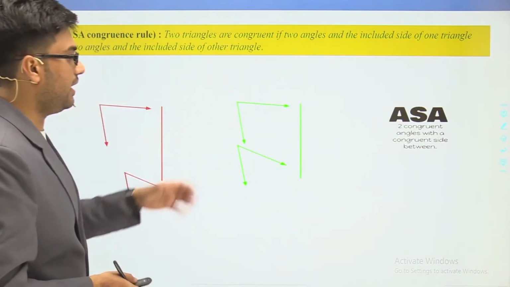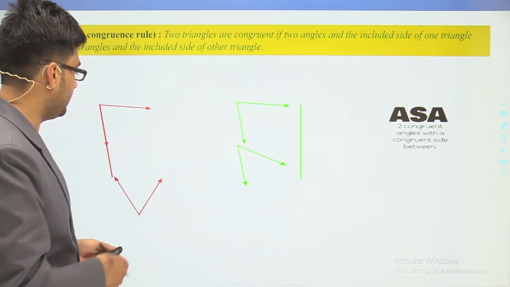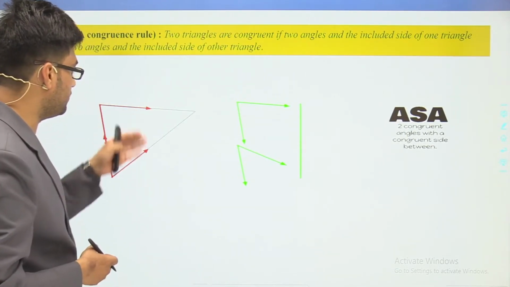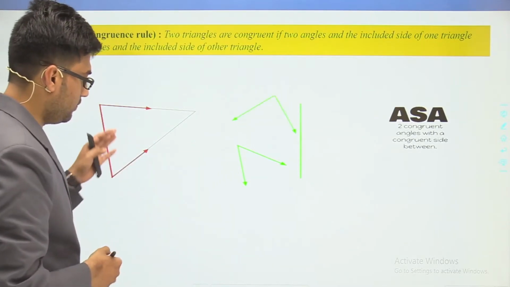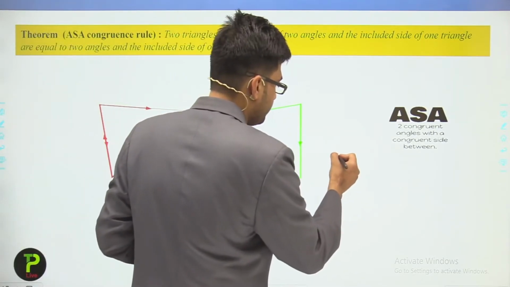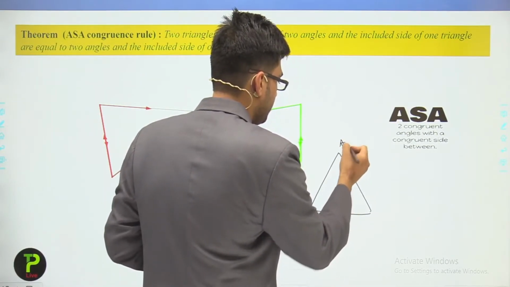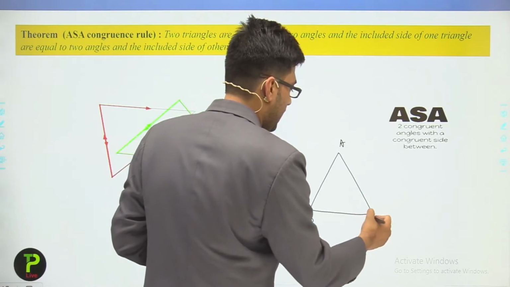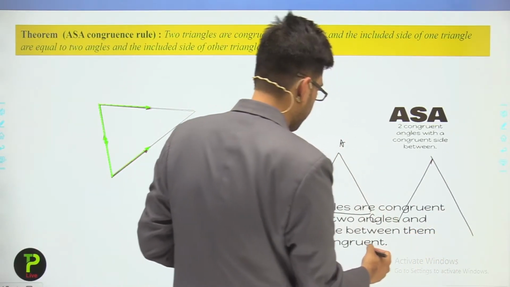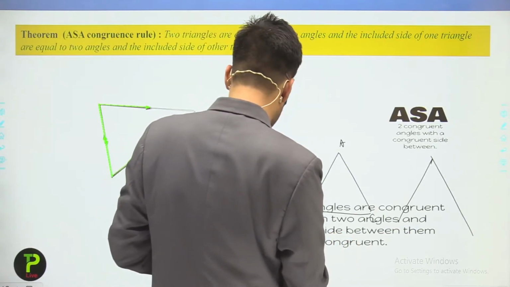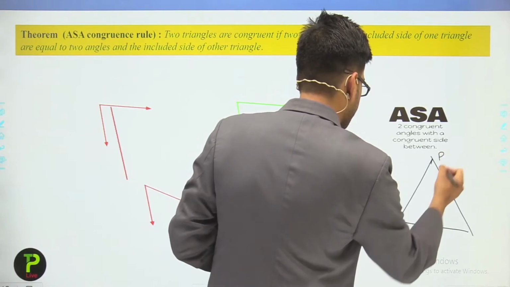Students, here we use the angle side angle congruency criteria. If we draw this, then this is triangle ABC and triangle PQR.